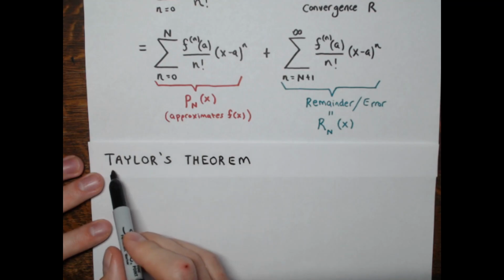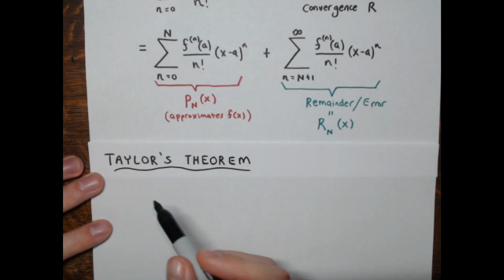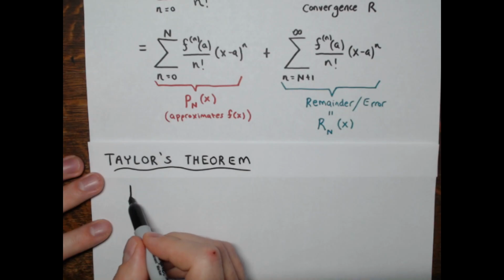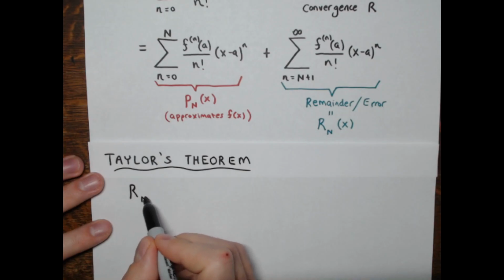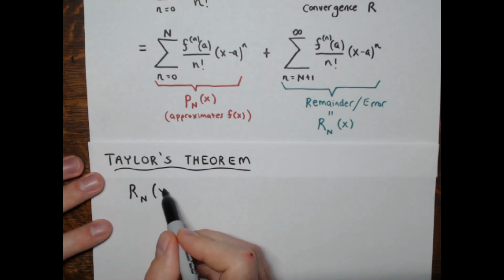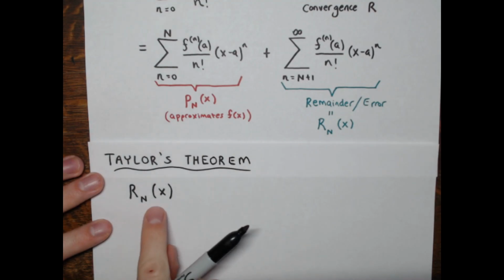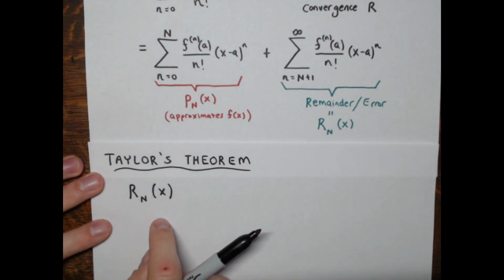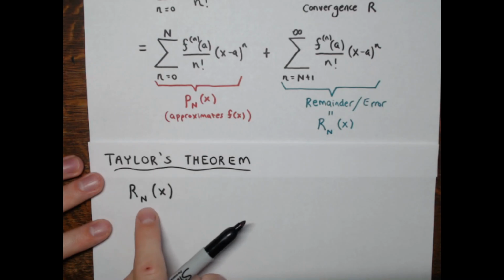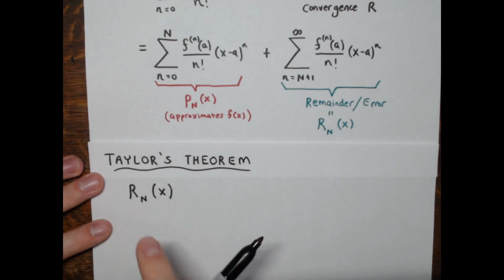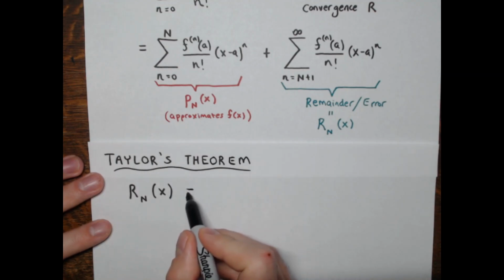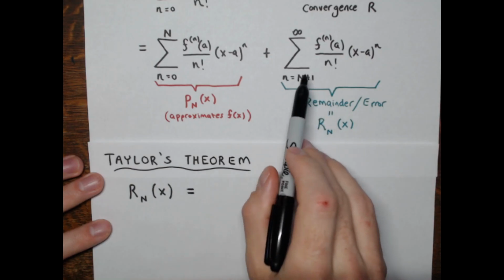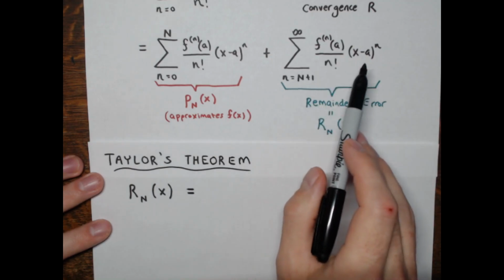Right. So Taylor's theorem is that this R sub capital N at x, right? So if I'm approximating f of x, and this is the error, this is the remainder after the nth polynomial, when the nth polynomial is used to approximate f. Well, this should be equal, okay, to not just this big sum here.